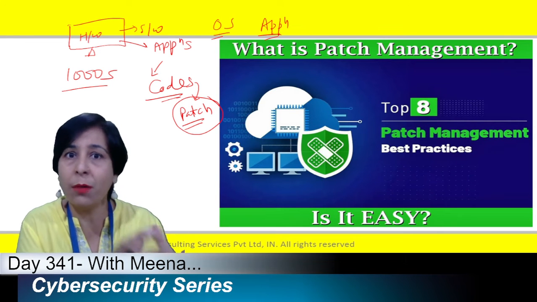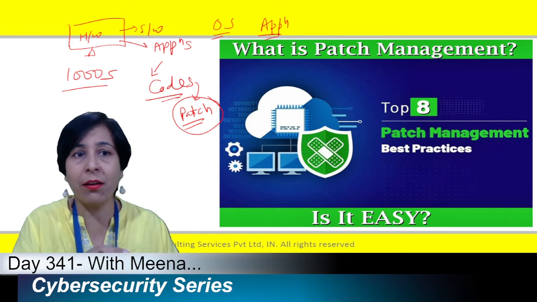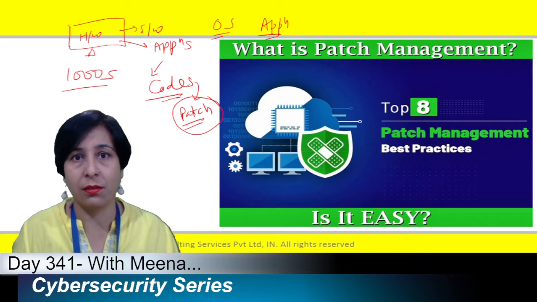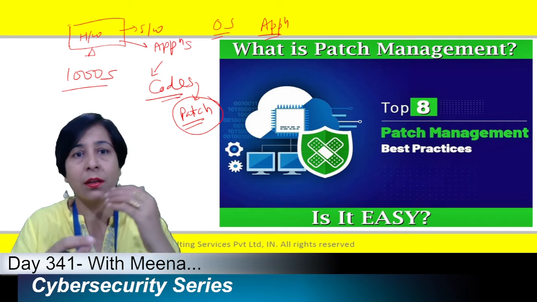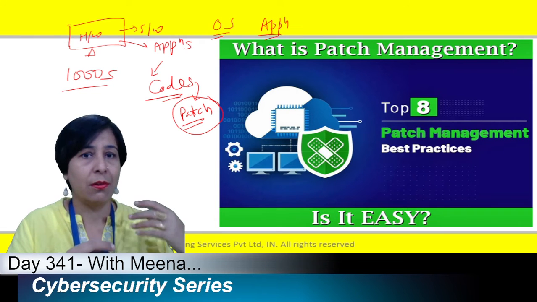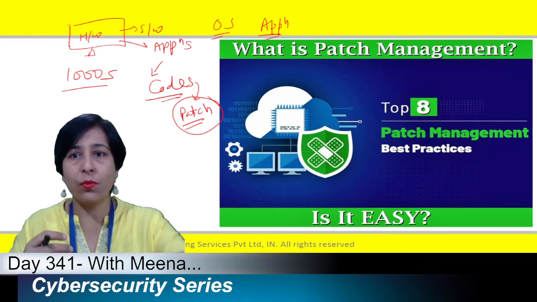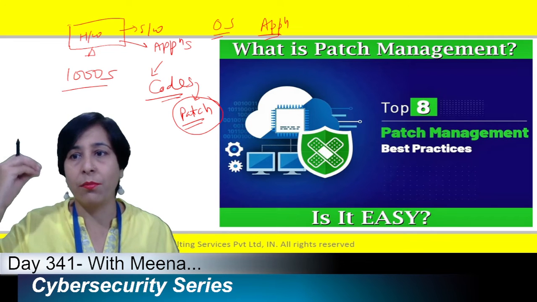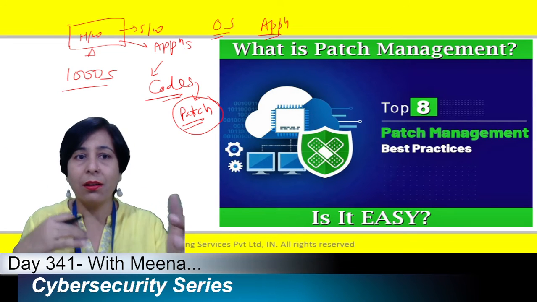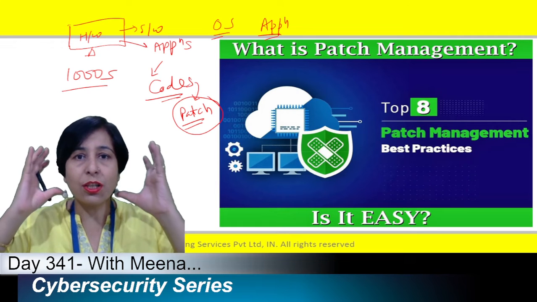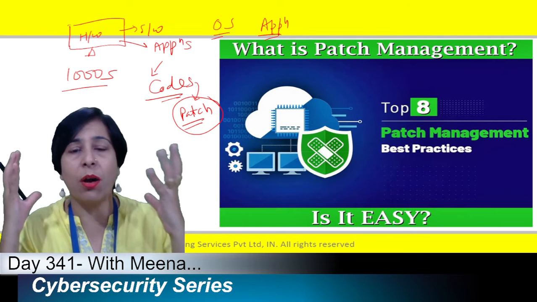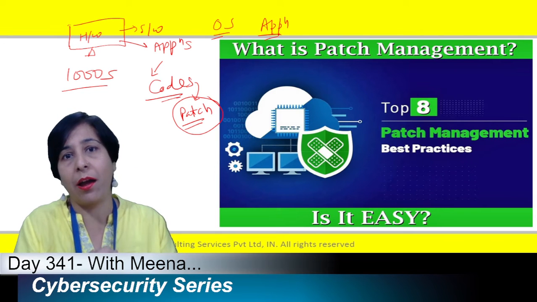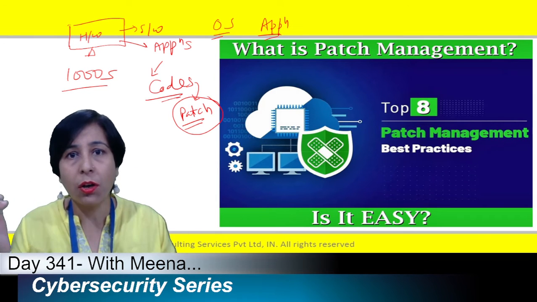Even a single PC has applications from different vendors. We receive a patch in the first week, and after 2 days we receive a patch from a different vendor, and it gives us a bombardment of updates and patches. Then it becomes a headache for the organization.